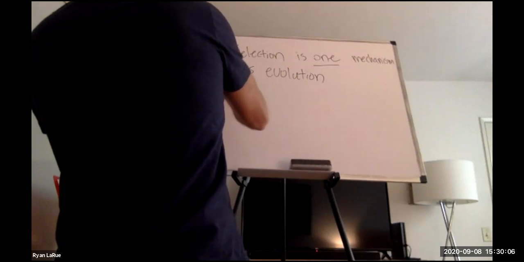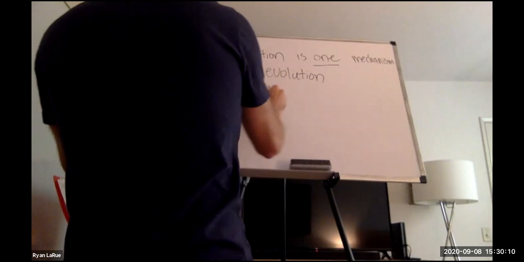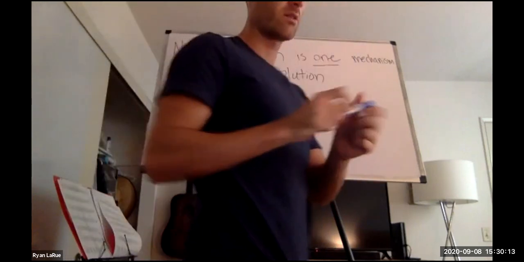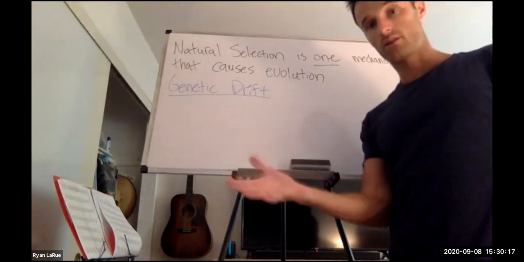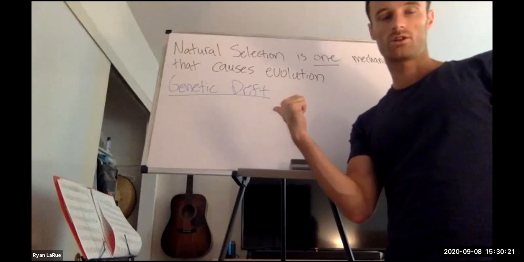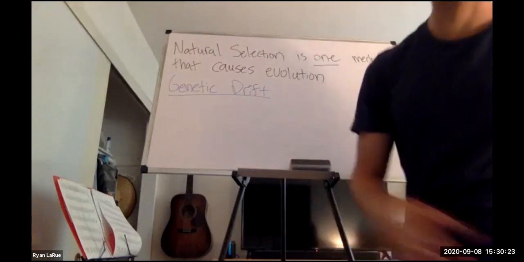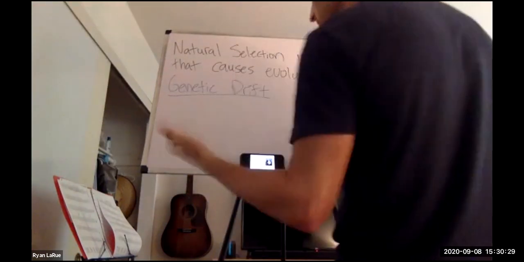So genetic drift, and like I said, we're going to be talking about three more mechanisms that can cause evolution. Two of those three are considered genetic drift. And what is genetic drift? Genetic drift is defined as genetic changes that occur in a population.